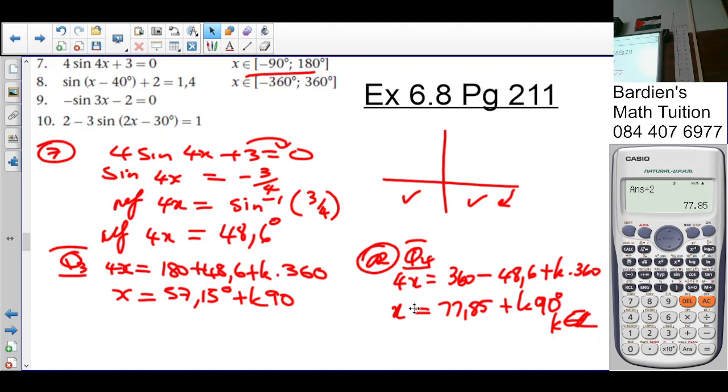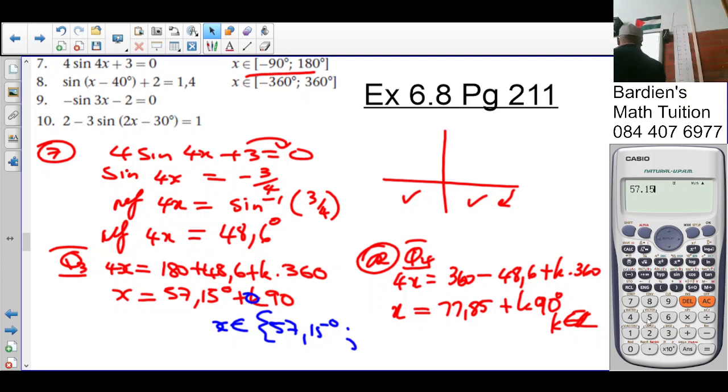Right, so restricted domain there. We must start off by saying, we start with k is equal to 0. So put 0 in here, we get 57,15 or 57,2 degrees. Not so? If I put 1 in where you see 90, so it's 57,15 plus 1 times 90.